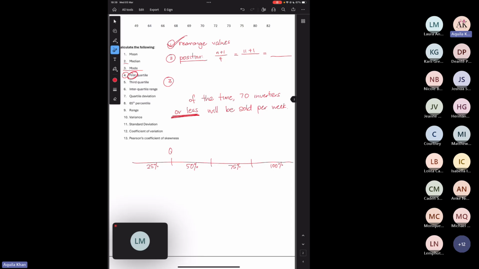So this is Q1, your first quartile. It's looking at the first 25% of your data. And then we're also looking at the third quartile, which is showing you 75% of your data. Okay, so let's go back to your question. To calculate the position, we're going to say n plus 1 divided by 4. Remember, your data set has 11 values in it.